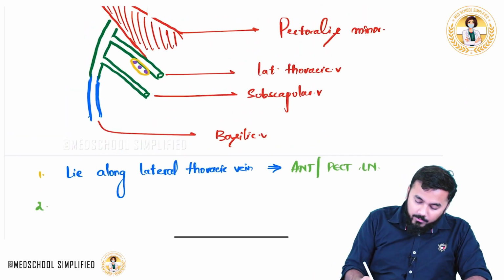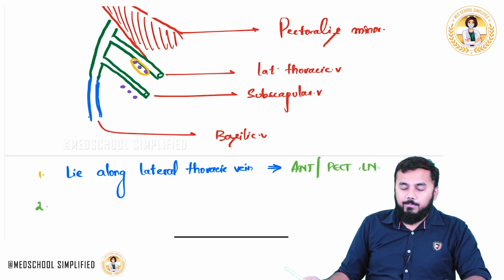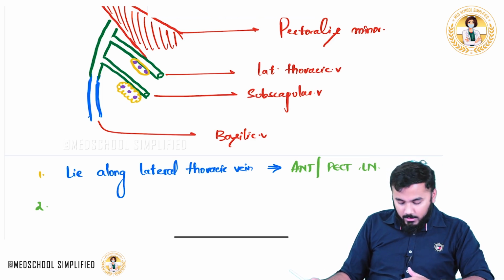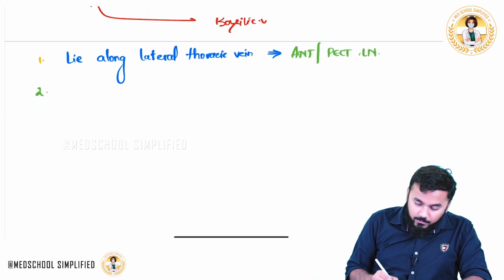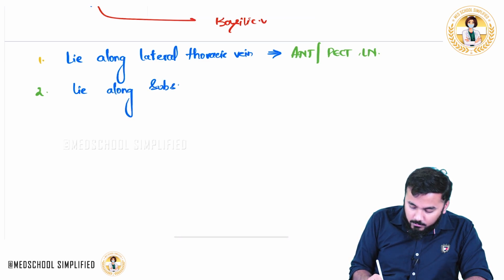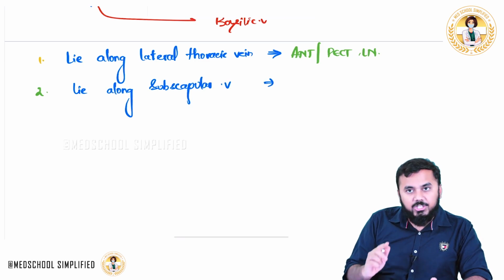Okay, now let us look at the second group of lymph nodes. These lymph nodes lie along the subscapular vein. Now look at the picture there, guys.